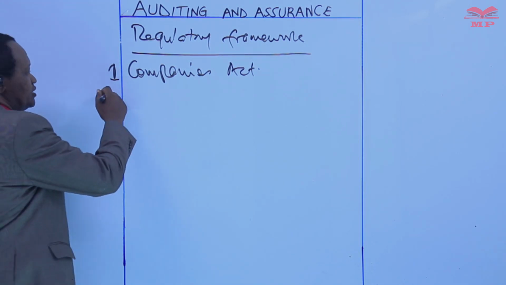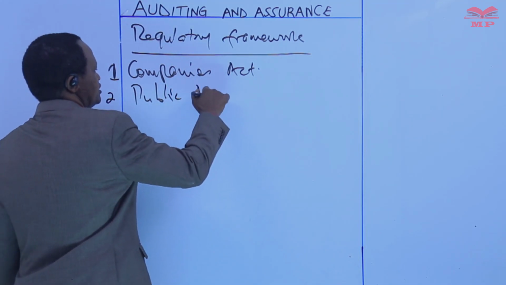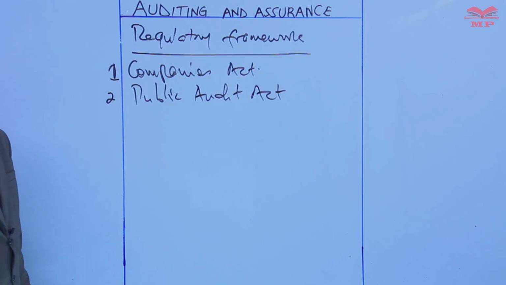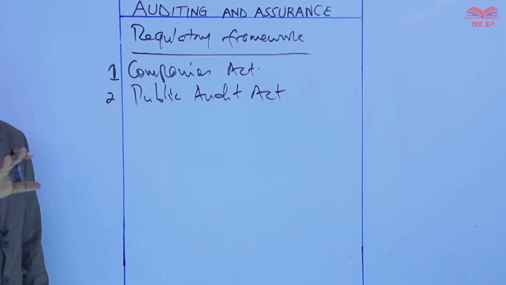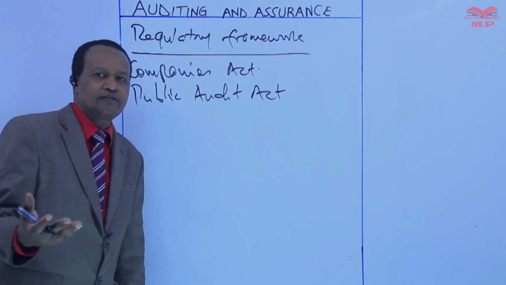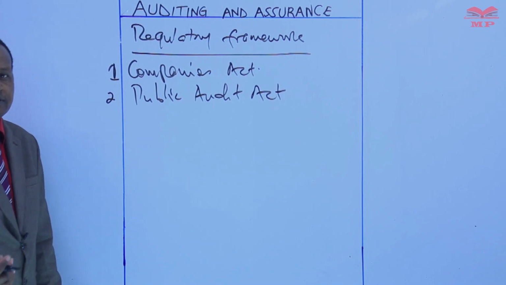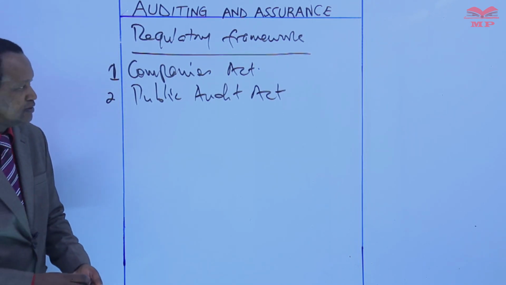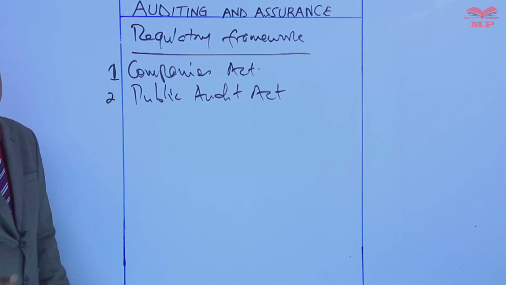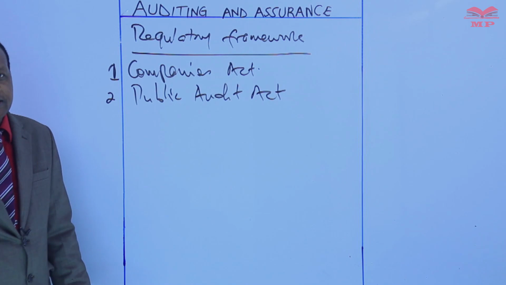The second one is the Public Audit Act. The Public Audit Act governs the auditing of public entities in Kenya. All right? It governs the auditing of public entities in Kenya.